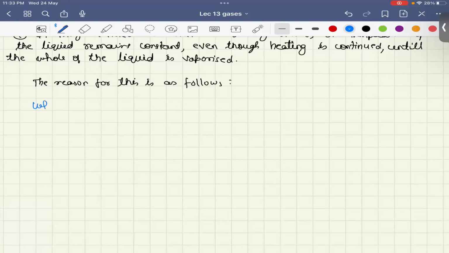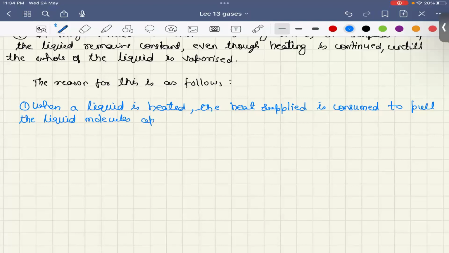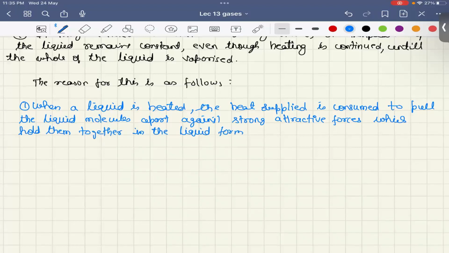Right? When the liquid is heated, the heat supplied is consumed to pull the liquid molecules apart against strong attractive forces which hold them together in the liquid form, right?